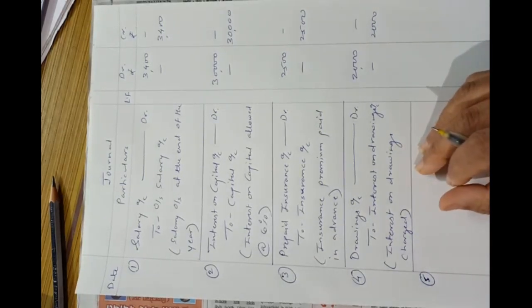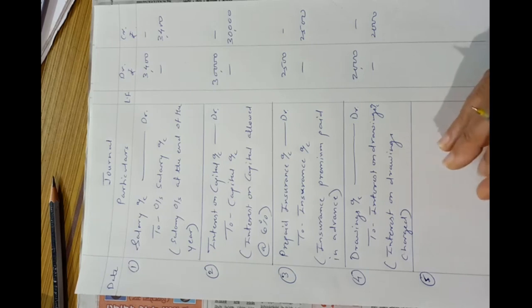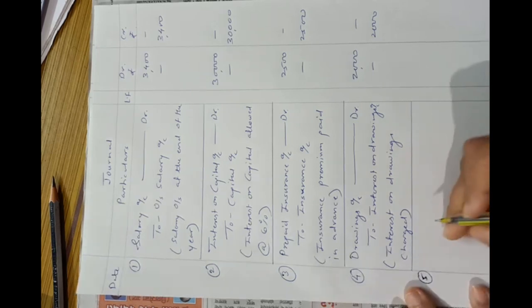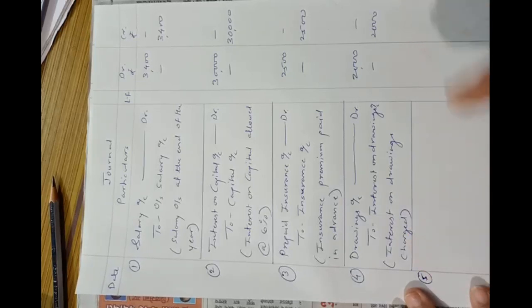is about depreciation on machinery. The amount of machinery is given rupees 5 lakhs and we have to calculate 10% depreciation on machinery for 9 months. Here I will show you working rather than solving on another page.